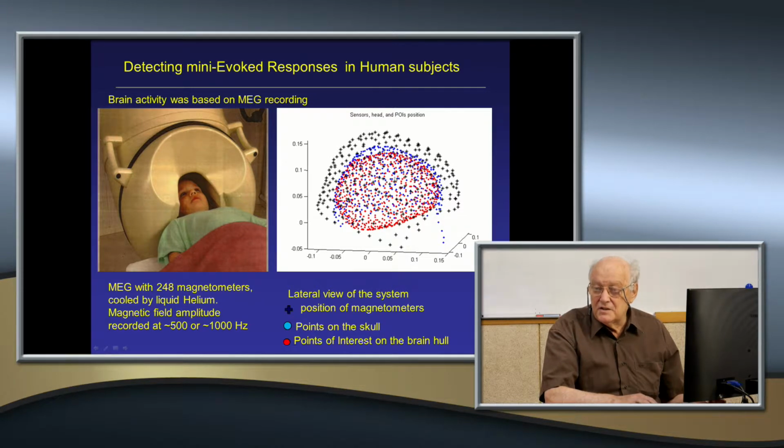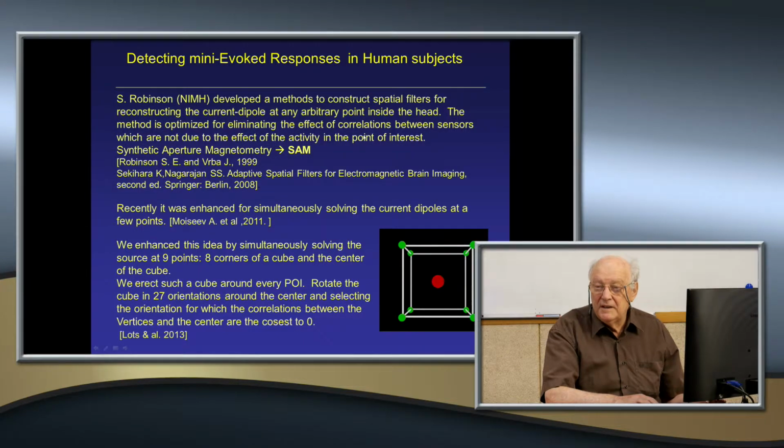And the red dots are dots on the surface of the cortex as rendered from the MRI of this subject. Stephen Robinson from Neuro-Imaging developed the software to reconstruct the activity in several points in the cortex based on the MEG.